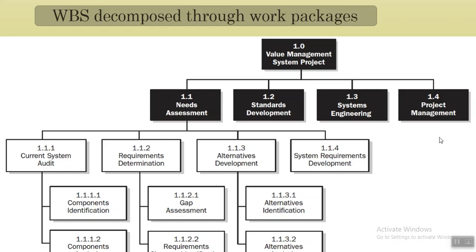Here are some examples of WBS. First, this example is the decomposition done on the basis of the type of work. What is the type of work here? First, we need assessment, standard development, system engineering, and according to that, the segregation is done.